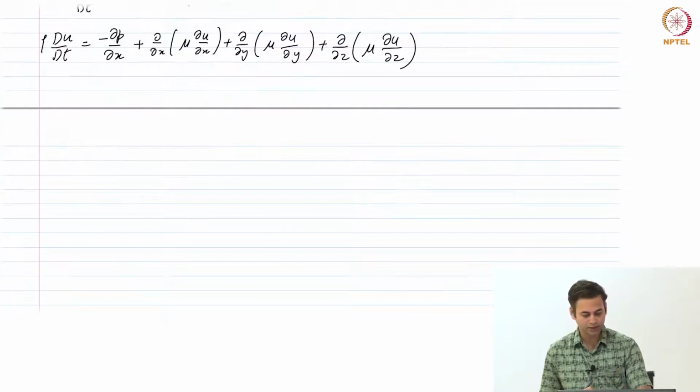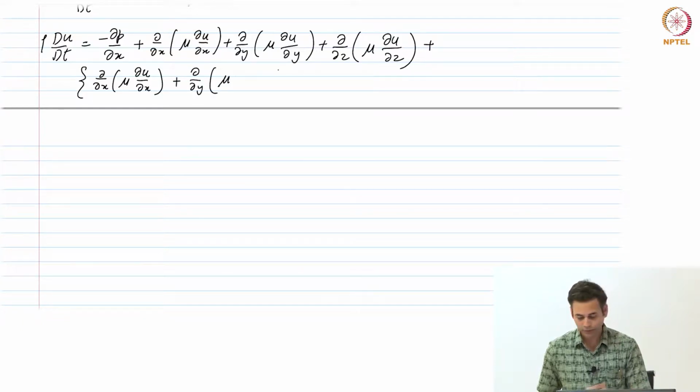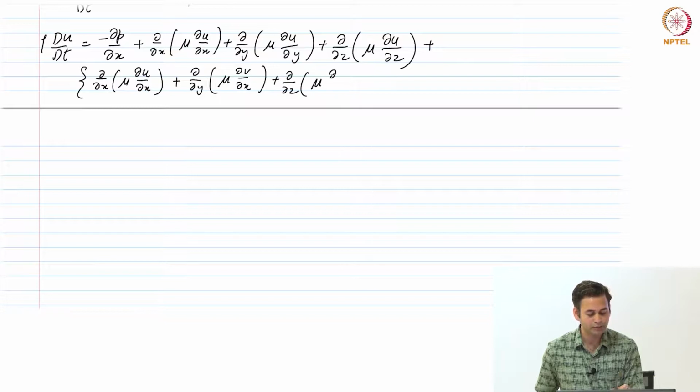What remains here? So, plus, what is the first term? I would write down in curly braces, ∂/∂x of μ ∂u/∂x is the first term, plus ∂/∂y of μ ∂v/∂x, plus ∂/∂z of μ times ∂w/∂x.